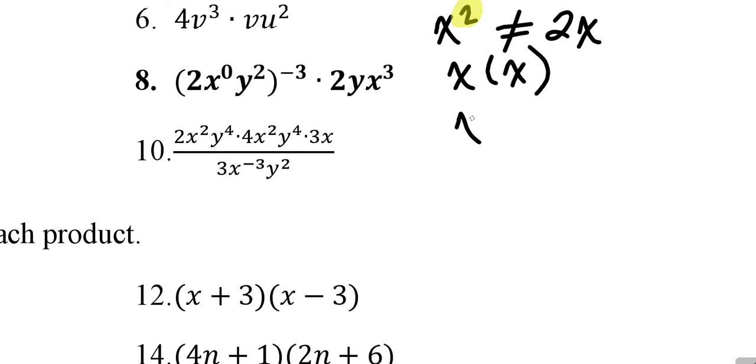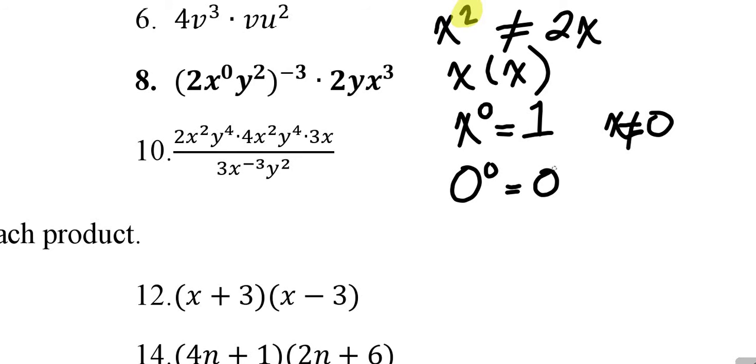Also of note is that x to the 0 exponent is 1, as long as your x itself is not 0. In other words, 0 to the 0 power is still undefined.